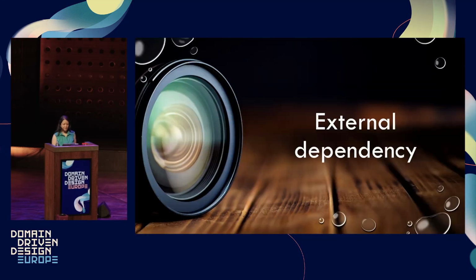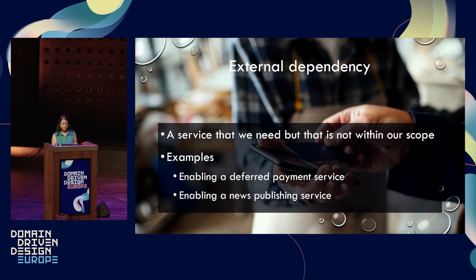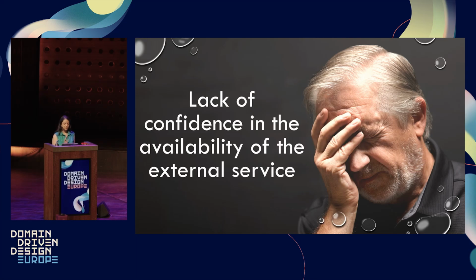OK, now let's have a look at the external dependency use case. It's a server that we need, but that is not within our scope. So we don't control it. And we don't control its evolutions, and therefore the bugs it may have. So in this case, we are facing a lack of confidence in the availability and the consistency of that service.